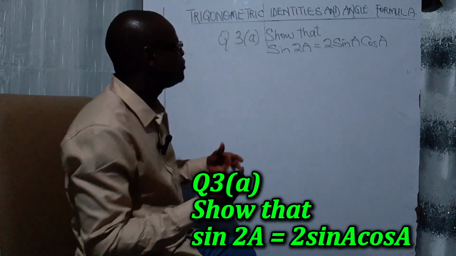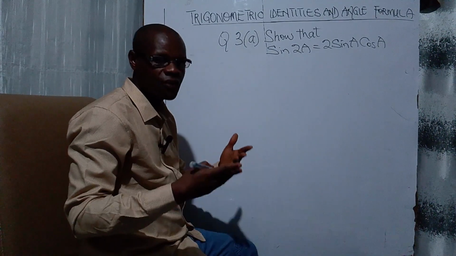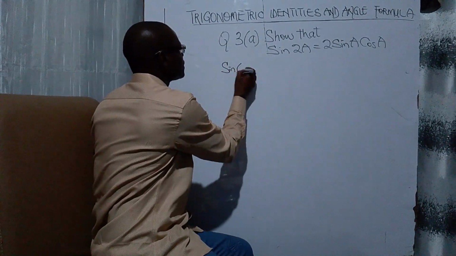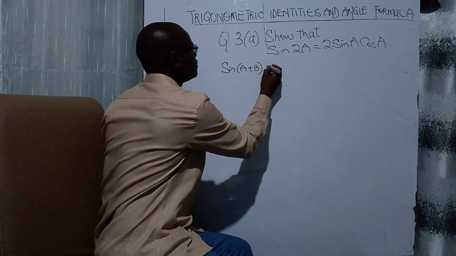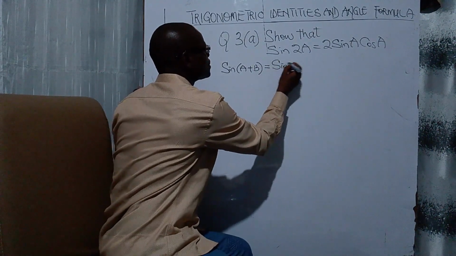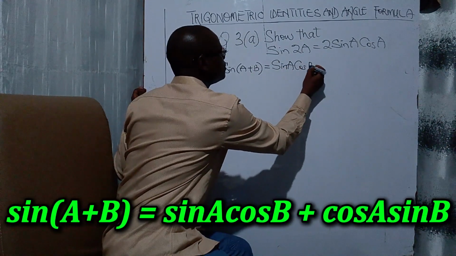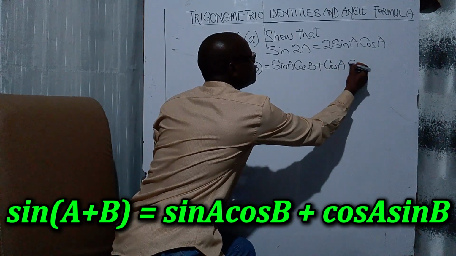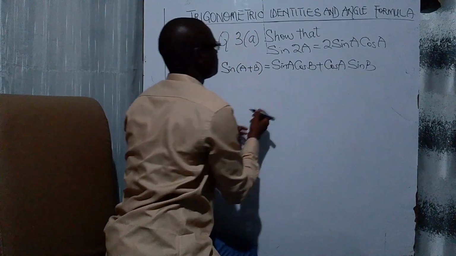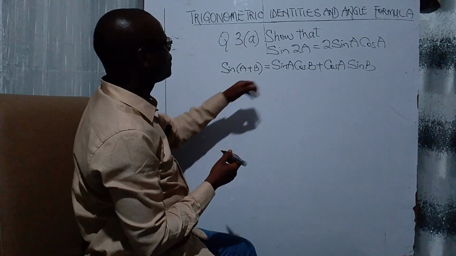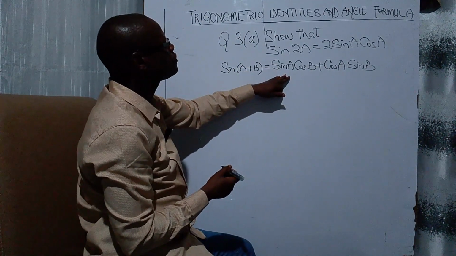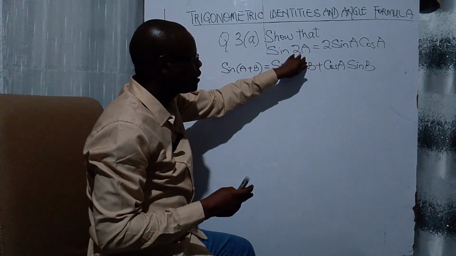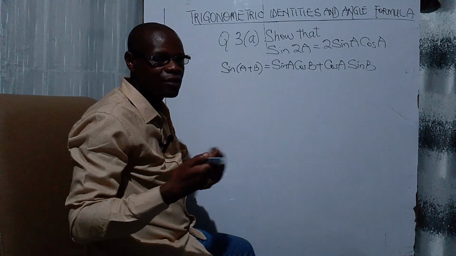Now, making use of the sum of angle formula again, you can recall that sine A plus B is equal to sine A cos B plus cos A sine B. Now, if we are to follow the same pattern of this expansion, then you will agree with me that 2a is also the same thing as a plus a.